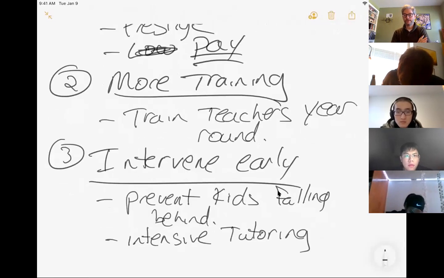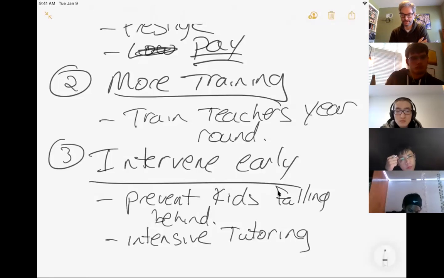In the US, we tend to spend more on high school students than we do elementary students. That's probably backwards. We should be spending more money on young kids than older kids, because oftentimes when kids get off to bad starts, they do not recover. So, for instance, in Scandinavia, they do intensive tutoring for kids who are not matching grade level, or falling behind in school.